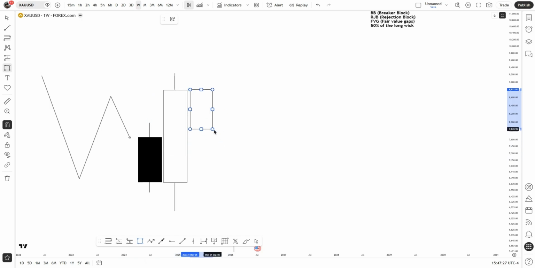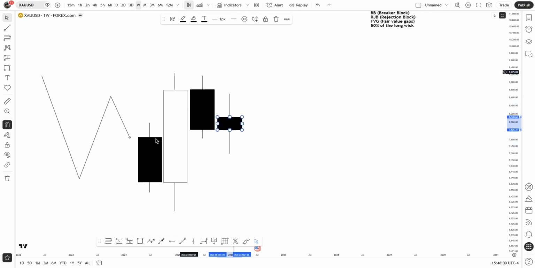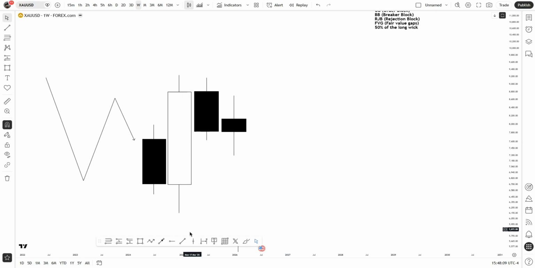Okay, so you have to wait for a clear range to form, then you can trade toward continued highs in the direction of the trend. So you can see the market created a range, and now you can trade on the next candle, when the market sweeps the previous range and takes liquidity, by using these key levels, the order block.